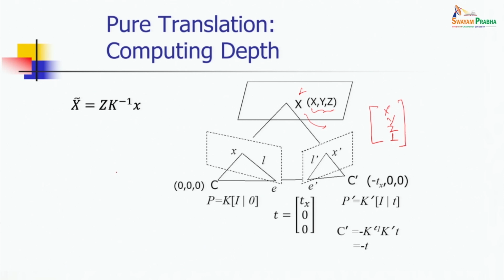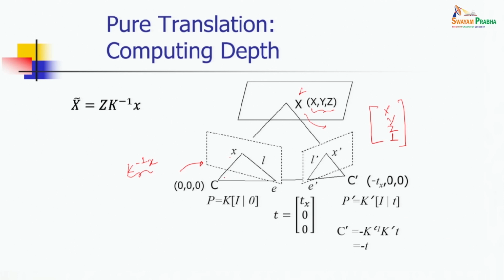Now when I write the corresponding x in the canonical coordinate system, if I use K inverse x, then it becomes the canonical configuration, like a calibrated one, since we know the camera calibration.